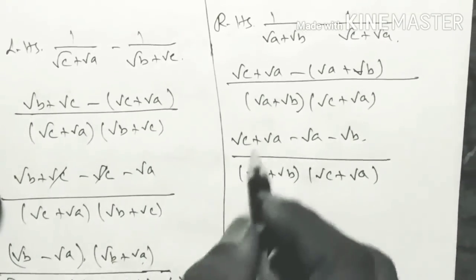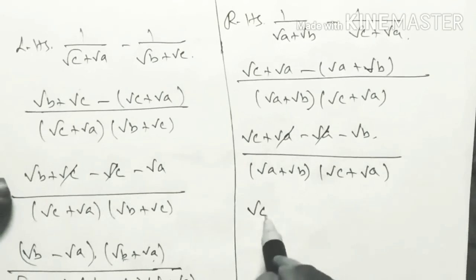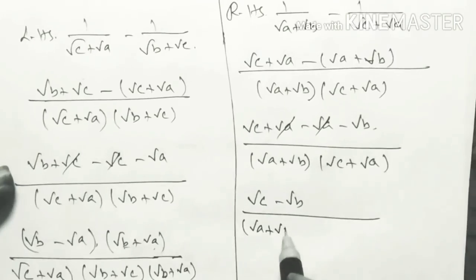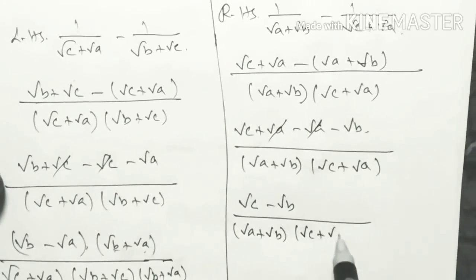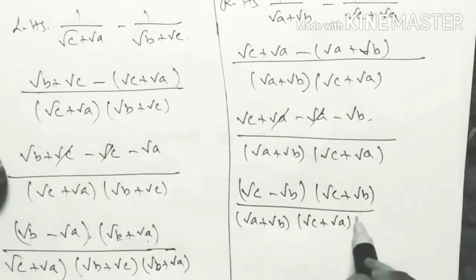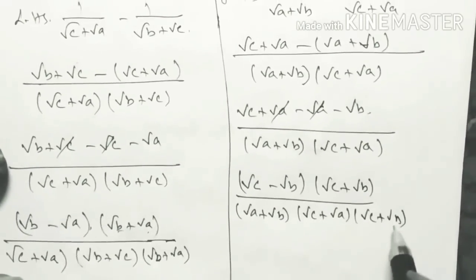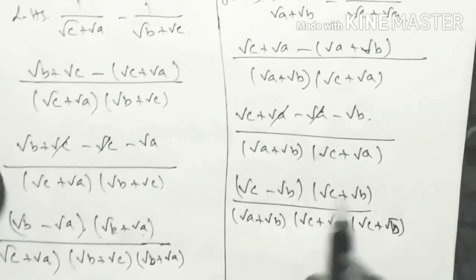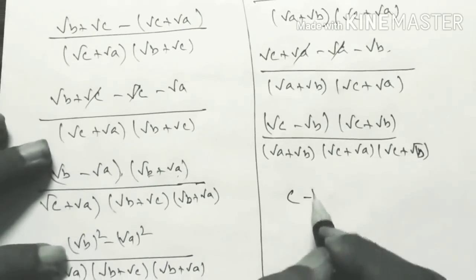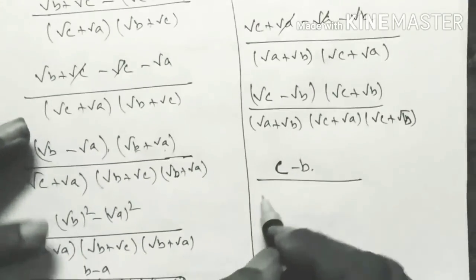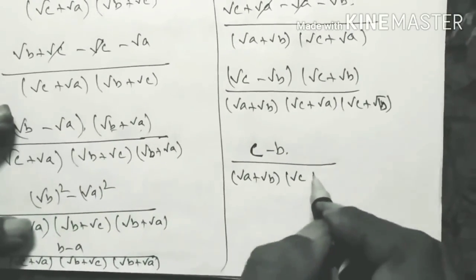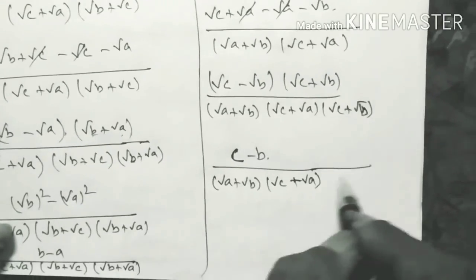Now this cancels out, root C minus root B by (root A plus root B)(root C plus root A). A slight arrangement, multiply by root C plus root B. Here you see (root C plus root B) into (root C minus root B) comes C minus B.